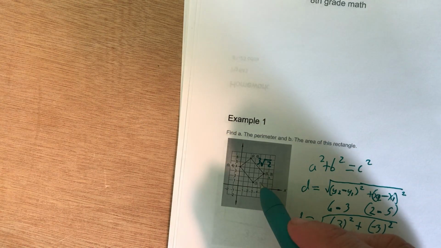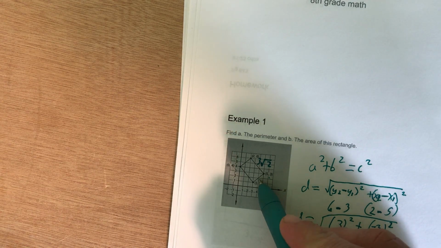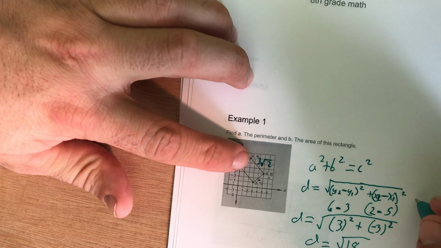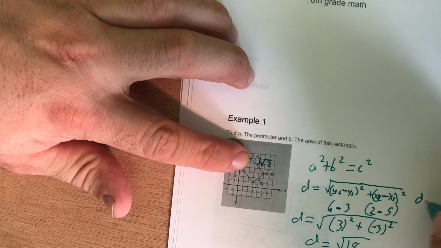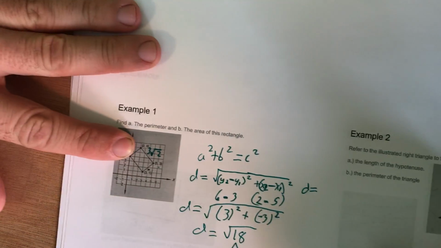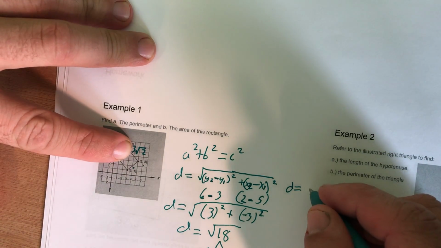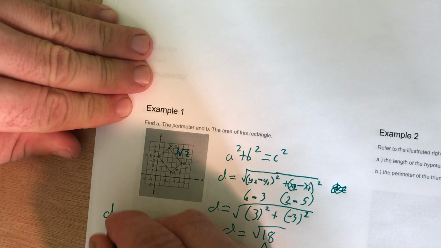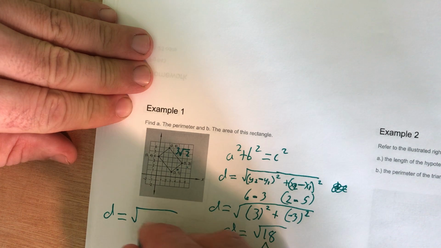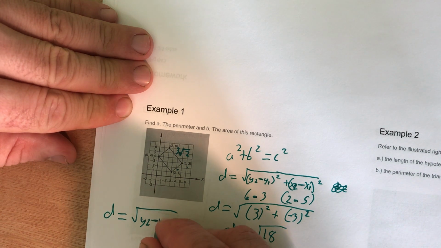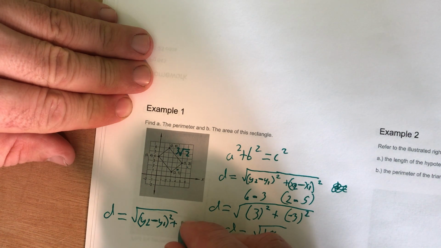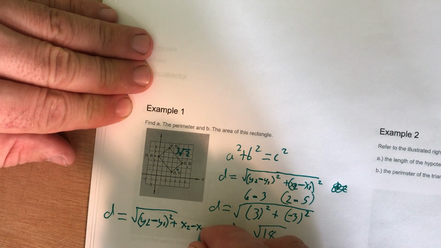Okay, so now let's find this side. Once again, you use the distance formula. We would do d equals the square root of y2 minus y1 squared plus x2 minus x1 squared.